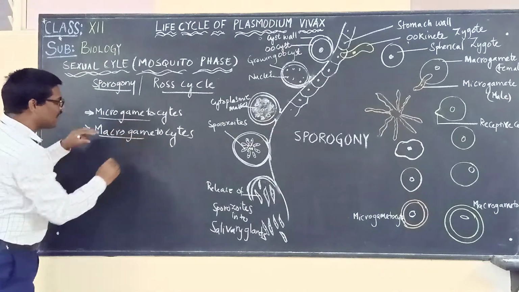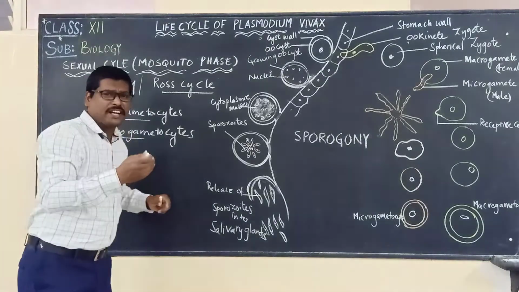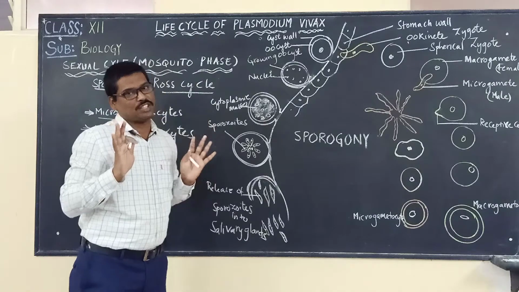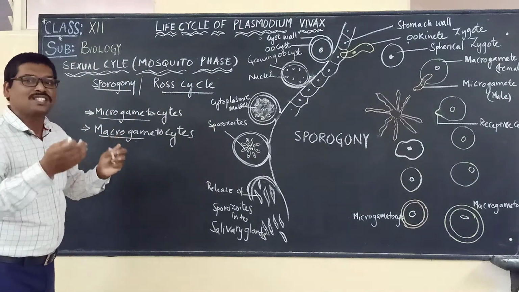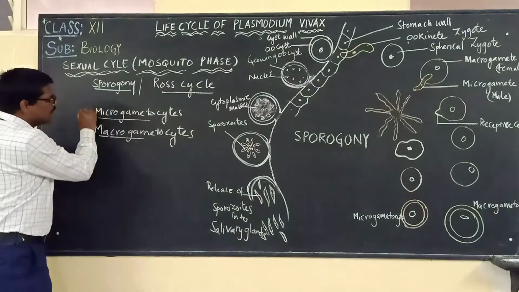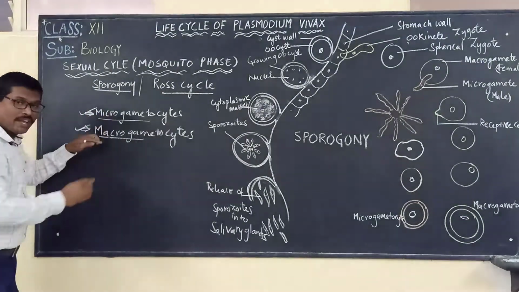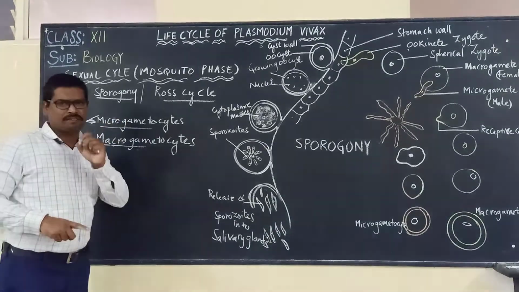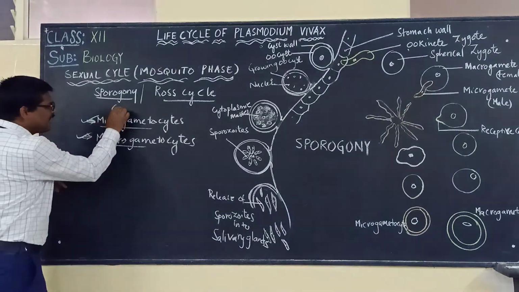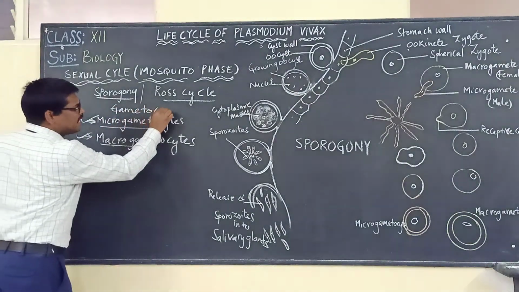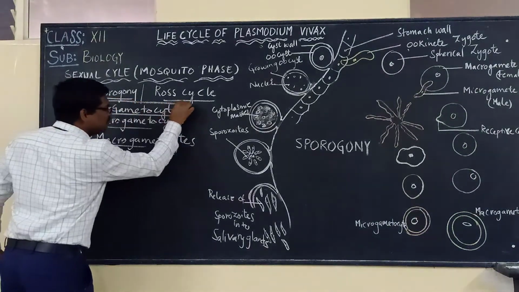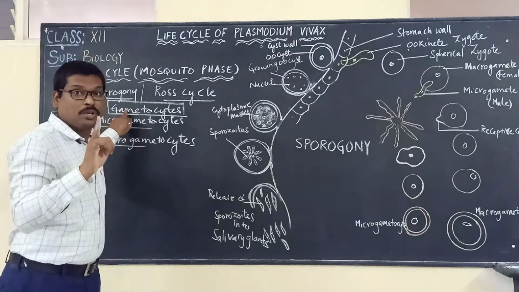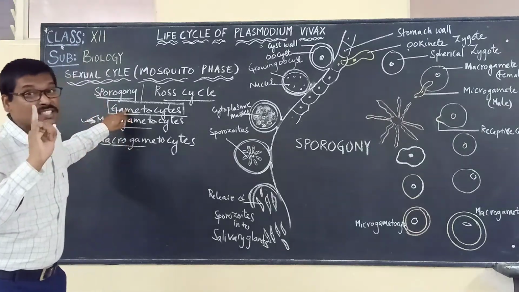Now these two that are there in the female Anopheles mosquito will immediately reach the crop, or let us say the stomach of the mosquito. As soon as these microgametocytes and macrogametocytes are taken into the stomach of the mosquito, please remember a very important point: it is only this gametocyte stage of the malarial parasite, Plasmodium vivax, that is resistant to the enzymes produced in the stomach of the mosquito.